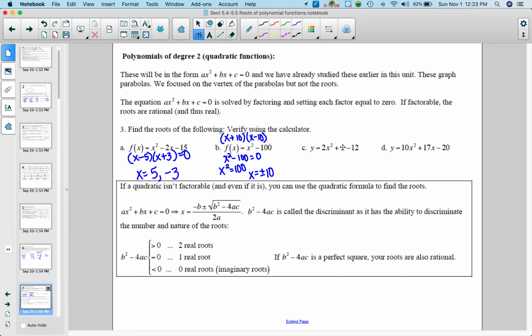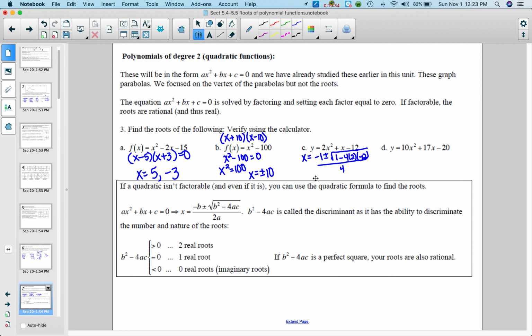On this next one, I believe you can try factoring. Also, this is one where we're going to have to use the quadratic formula. So on this, when I set this equal to 0, I would get x equals the opposite of b, which would be -1, plus or minus the square root of b squared minus 4ac, all over 2a.